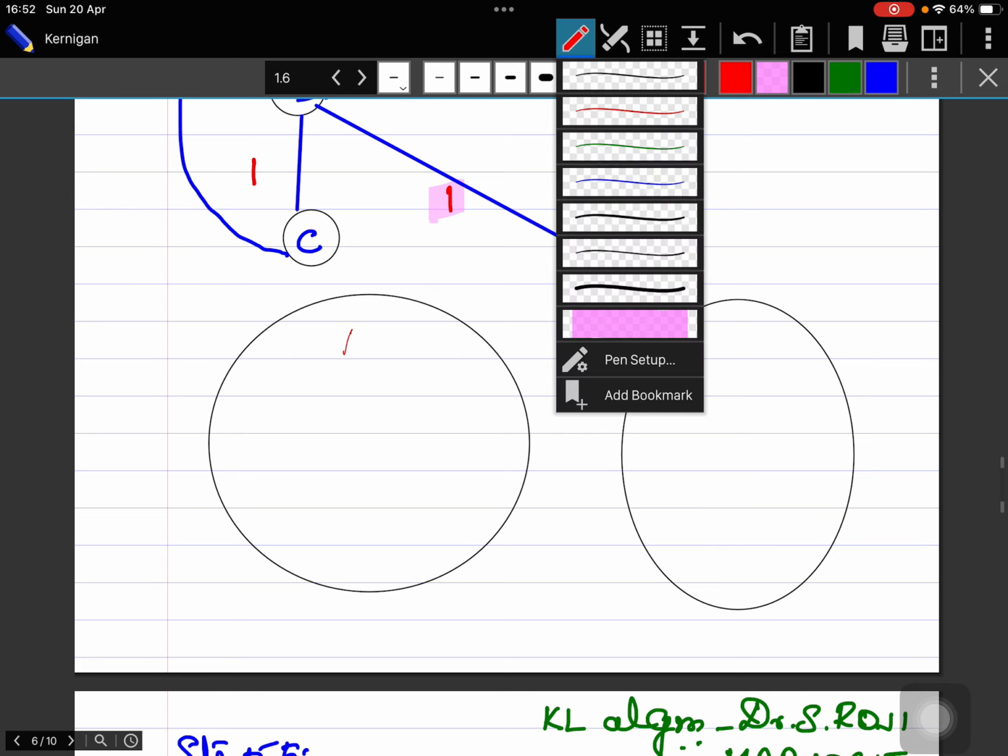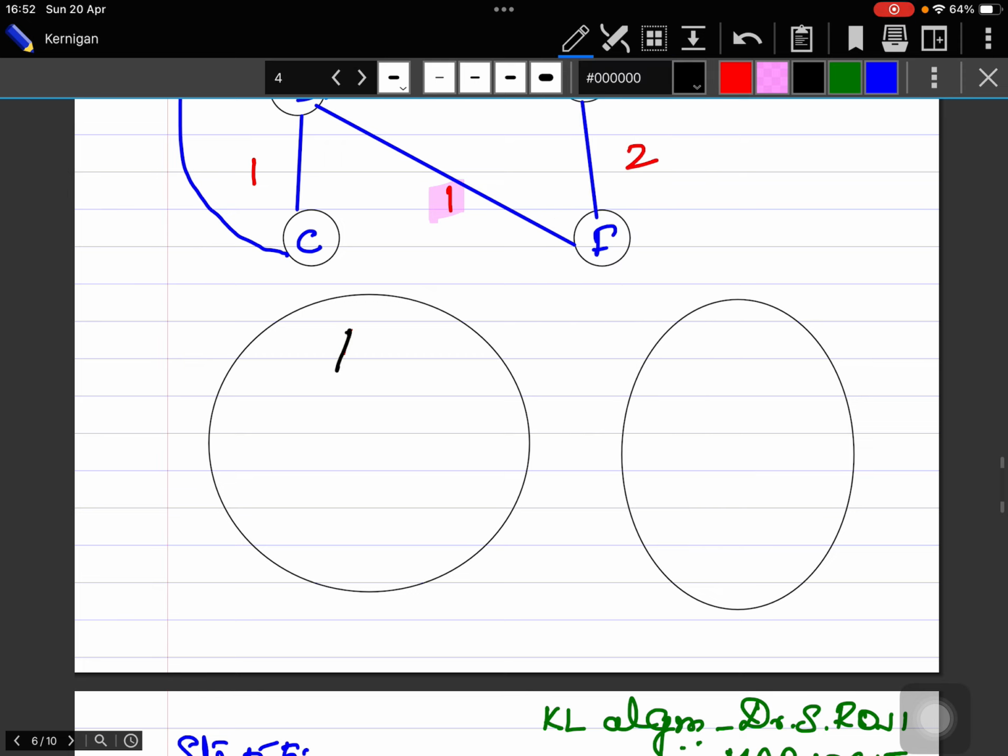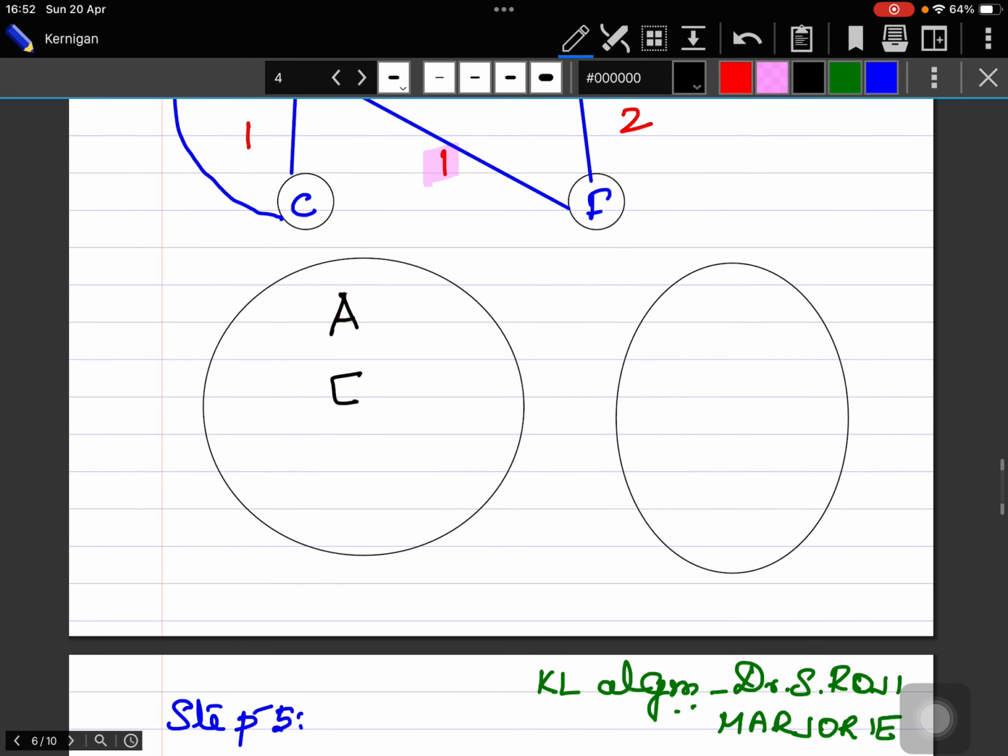B is taken to the next partition, so A, E and C. And B and E here. E has come here, B has gone there. What are the remaining items? A is still here, C is still here, similarly here, D is still here, F is still here.